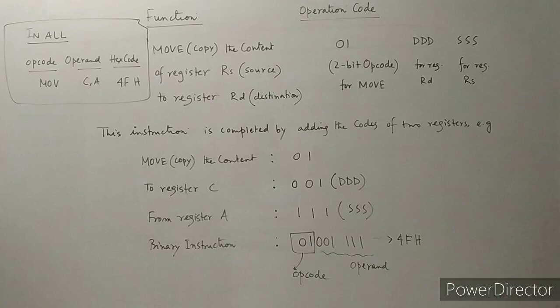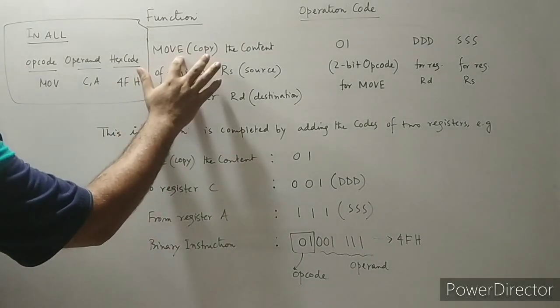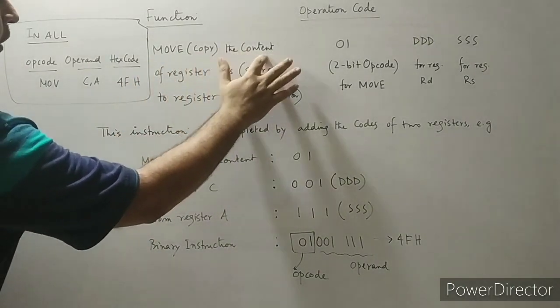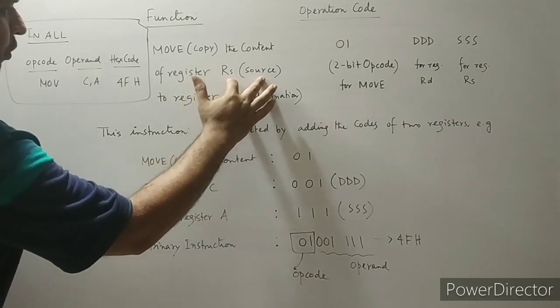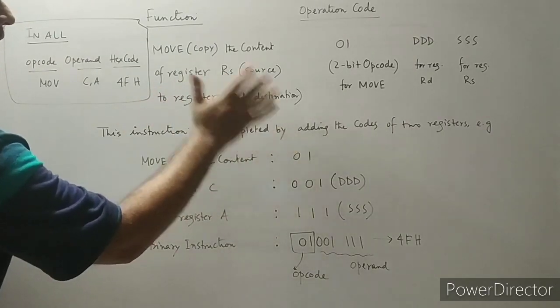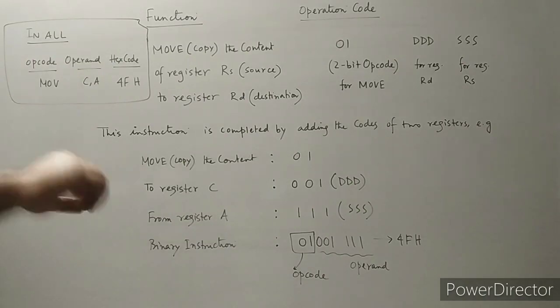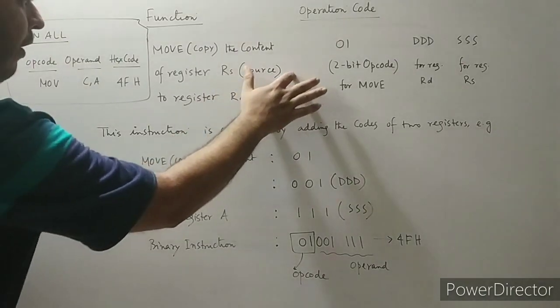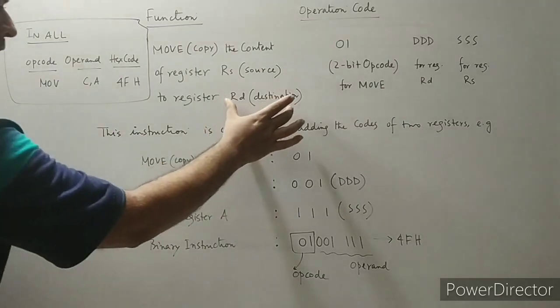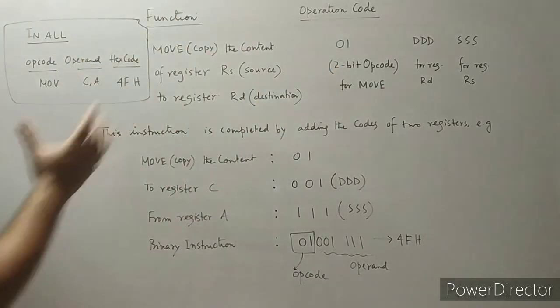Now the third function is move, that is, copy the content of register RS, the source, to register RD, the destination. Obviously the source can be our accumulator and the destination can be any register.